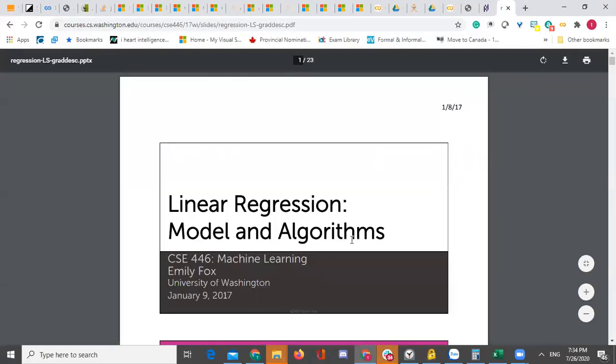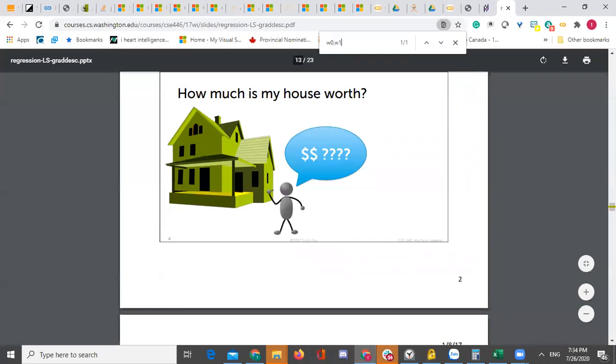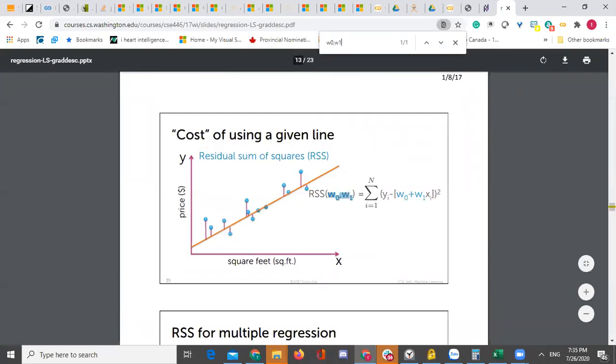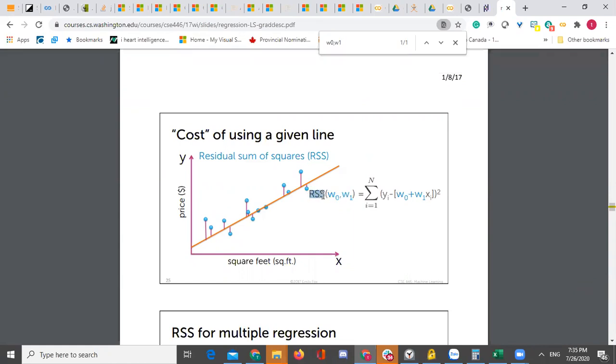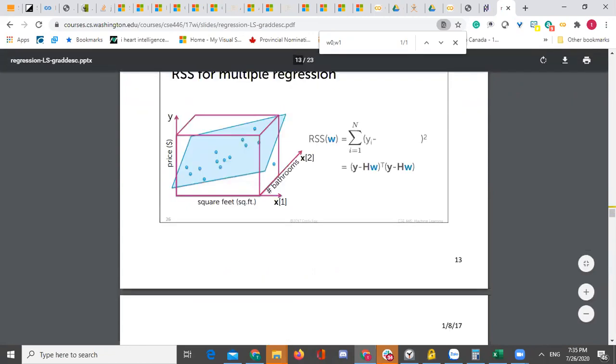Okay, I see. So we need to find the RSS, which is the residue something. I forgot.